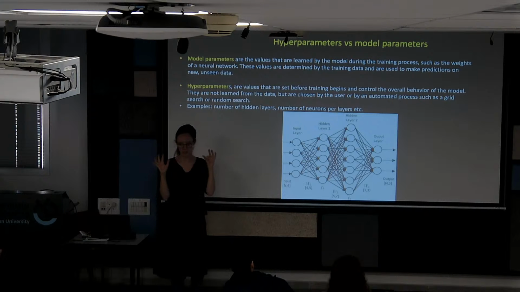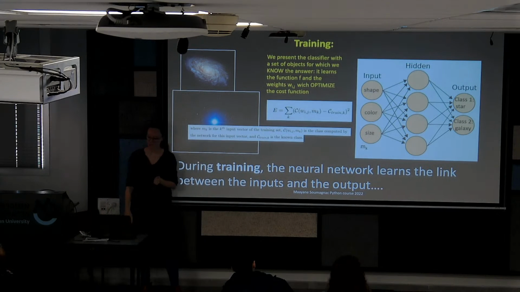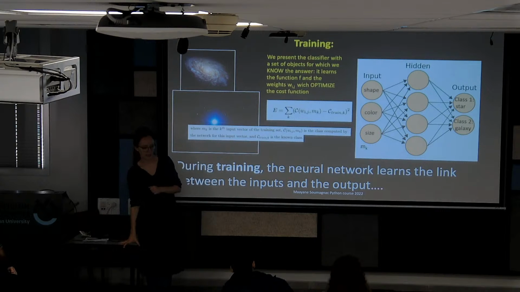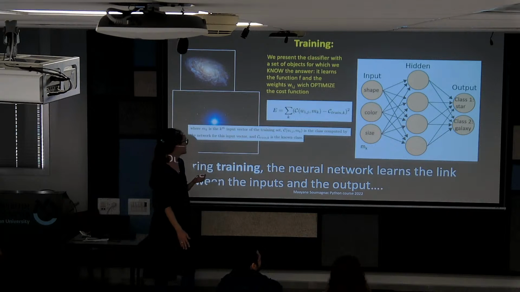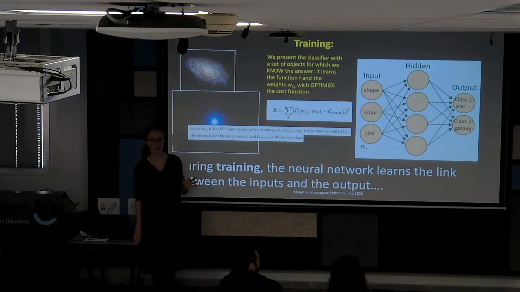Make sense? Okay, good. Now, as you said, when we speak about neural networks, we are in the presence of what we call supervised learning. What does it mean? It means that we are teaching our machine, our network, to do something based on cases where we have the answer. For example, I have a bunch of objects which I know are stars, and a bunch of objects which I know are galaxies.